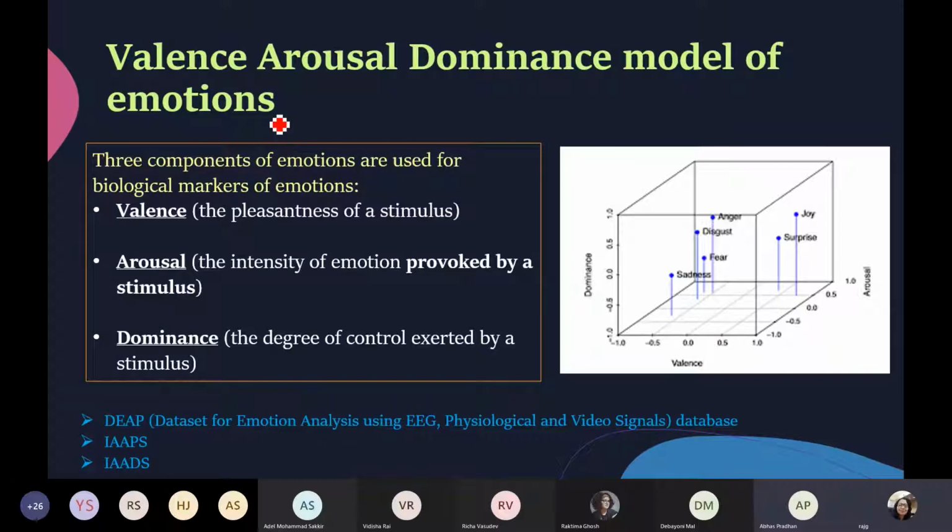So when I was talking about the dimensional view, I said that valence, arousal, and dominance, these three are the parameters by which we measure emotions. And there are data sets with emotional pictures, emotional words, auditory responses, and signals; there are databases.